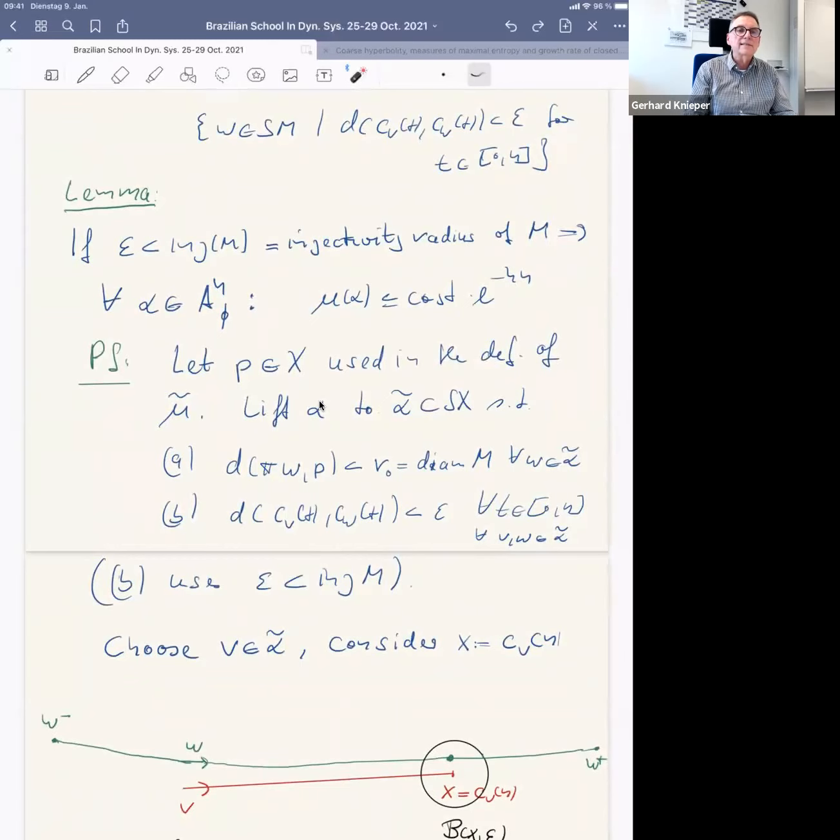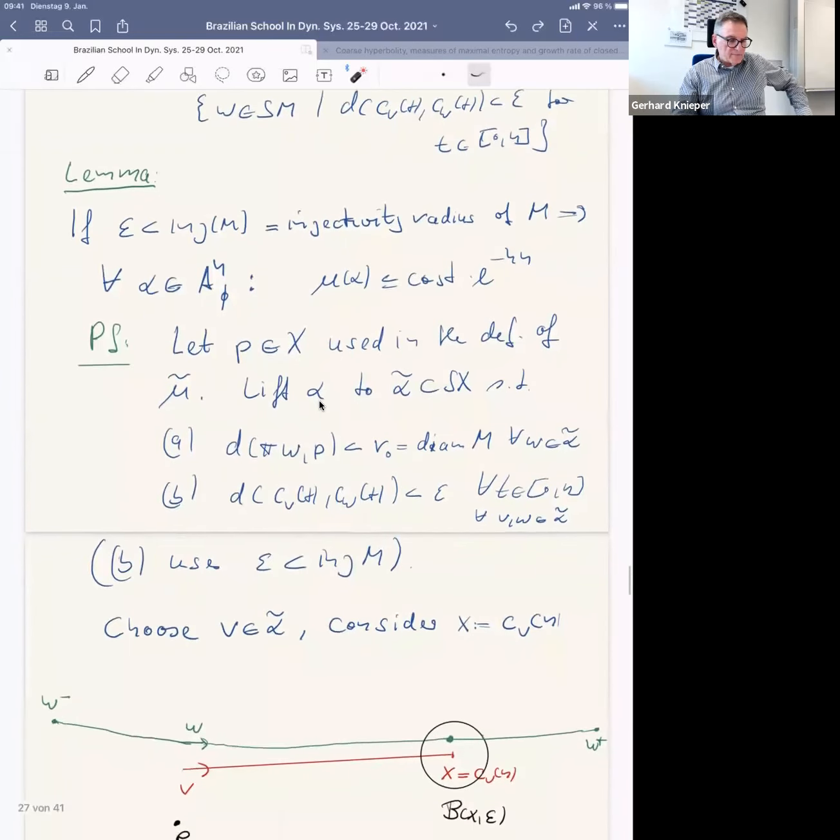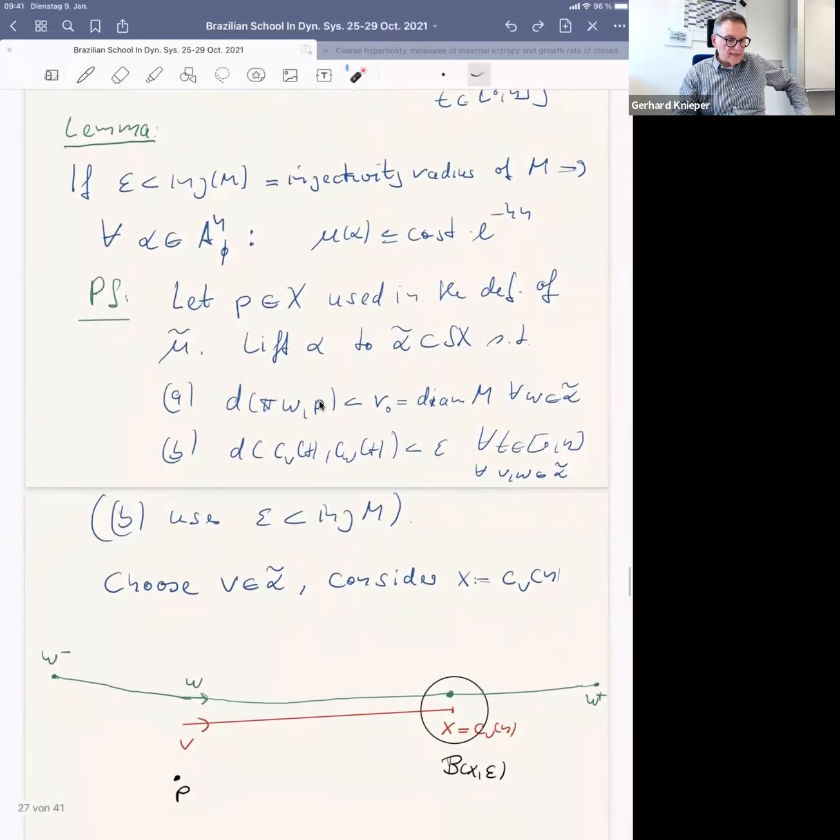Somebody who knows about entropy knows what this means, and we will show this: the entropy of this measure is equal to h. And if h is the topological entropy, then the measure has maximal entropy. So how do you use the fact that epsilon is smaller than the injectivity radius?